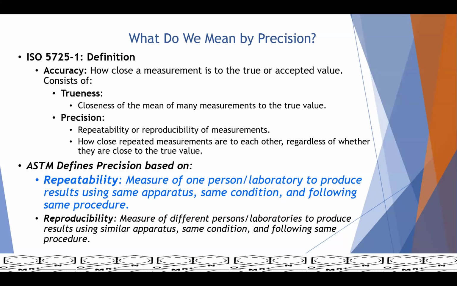Obviously, repeatability is closeness of the measurements to each other, regardless whether they are close to true value. So when we say sun rises in the east, we are very precise, but it is not true. So that is the definition of accuracy. Accuracy consists of trueness and precision.